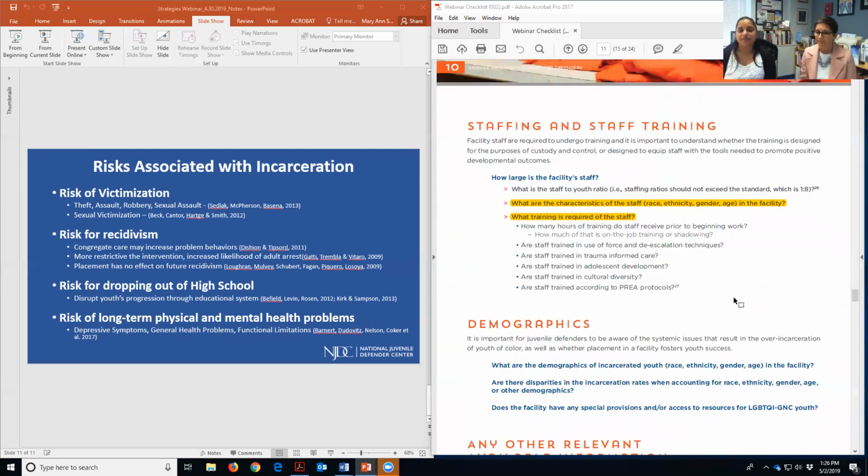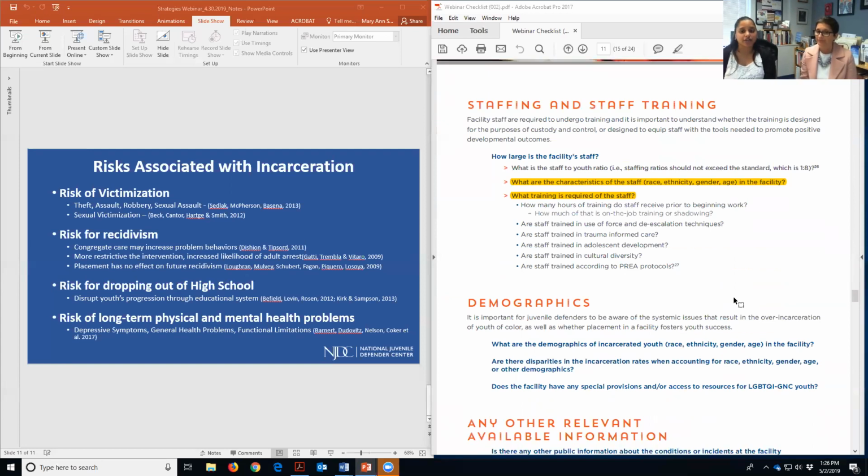And so staffing and staff training is also important. What are the characteristics of the staff? Are they representative of the youth that are being housed? Are they the same race or ethnicity in the facilities? What kind of training do they receive? Are they provided use of force training and training in de-escalation techniques? Are they provided training in trauma-informed care or adolescent development?